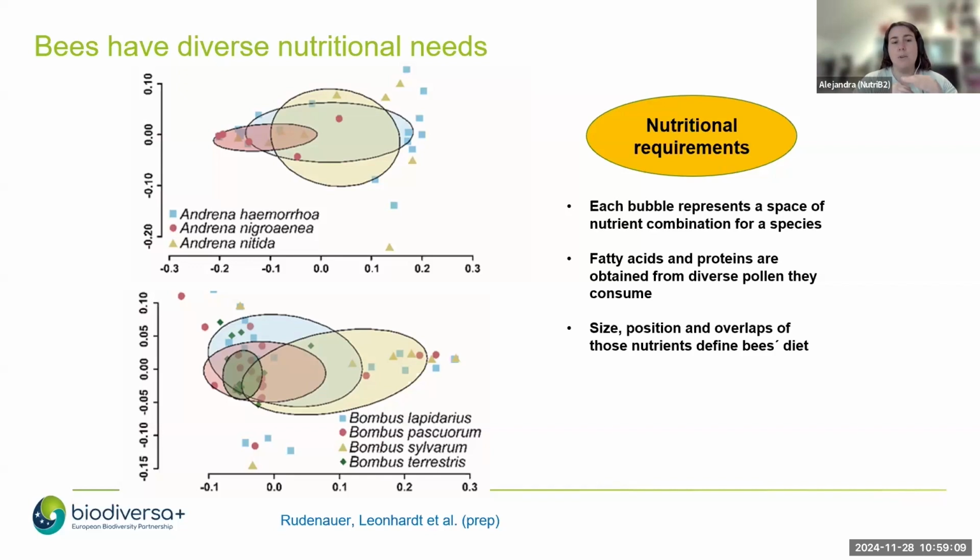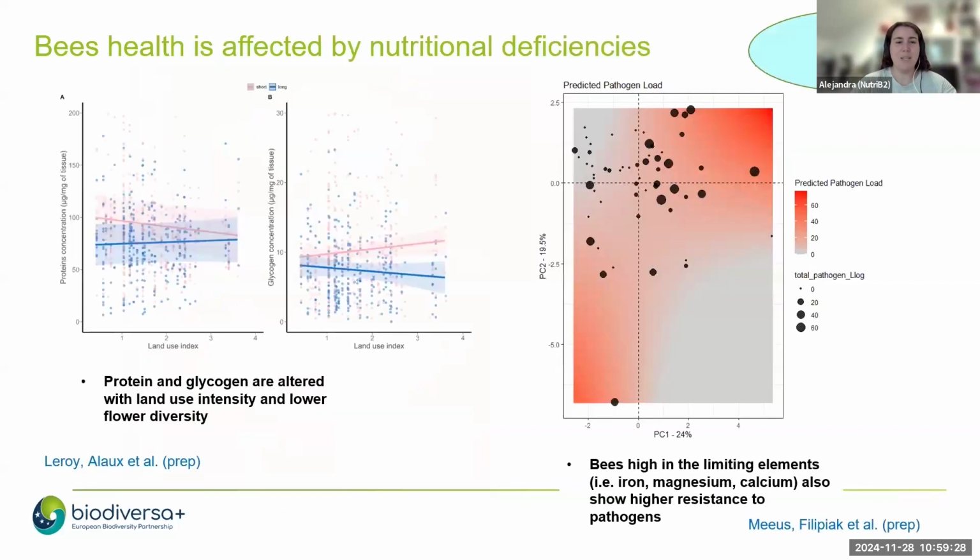And you can see that even though there are overlaps, of course, the position and the size of these niches is diverse. So this is all with wild bees, which have generally not been studied in that way. So that was actually quite rewarding from this project.